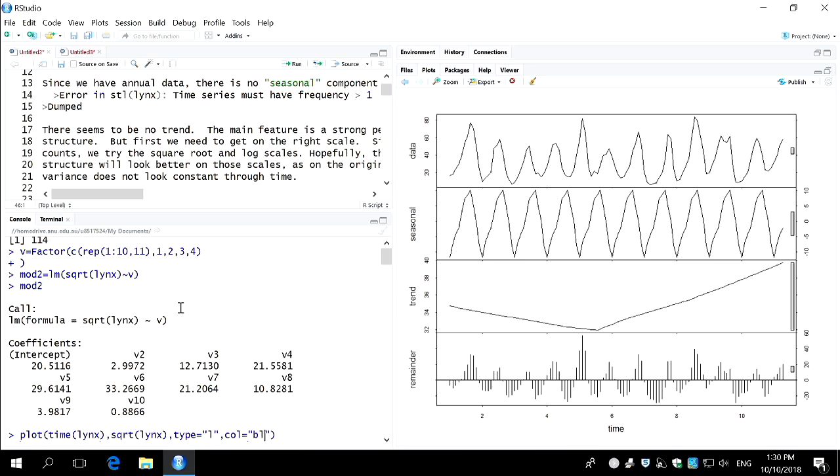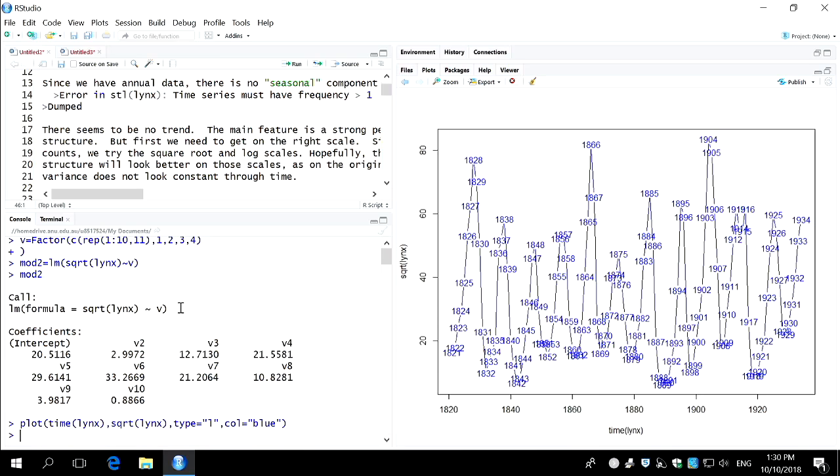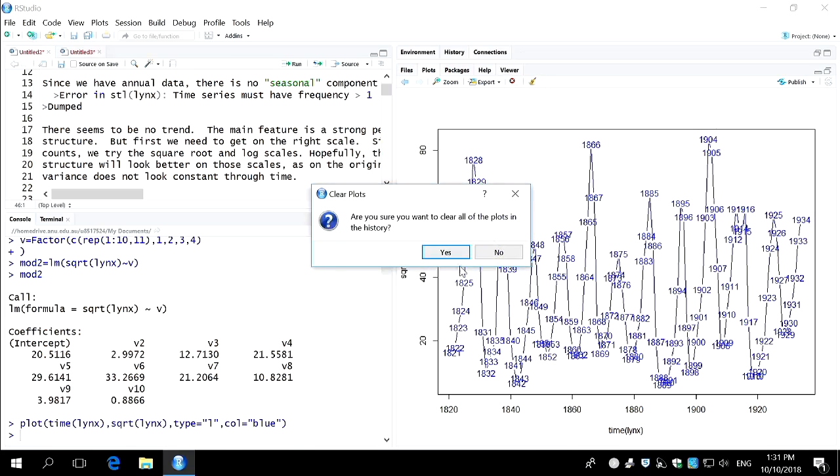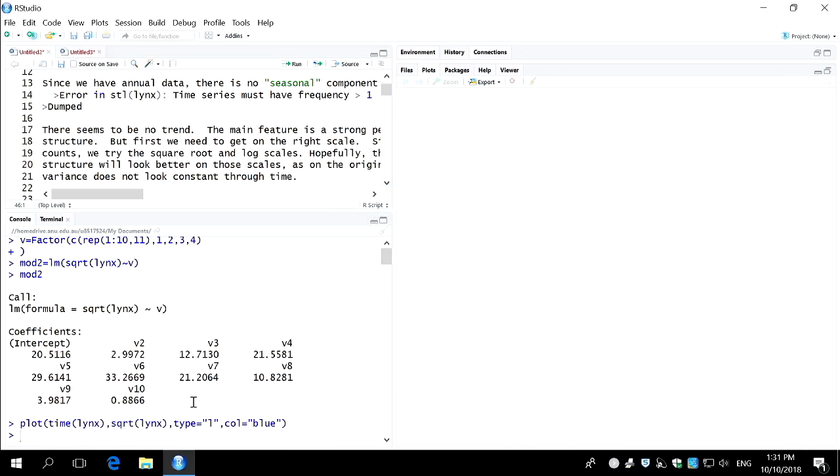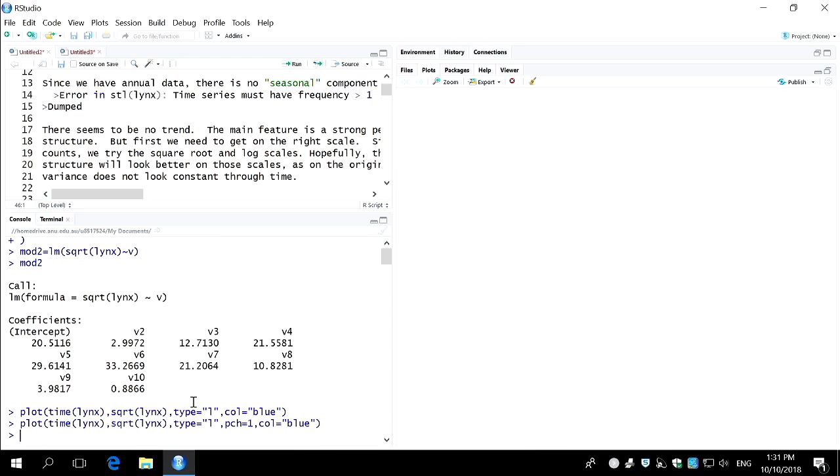Colour equals blue. Okay. Yuck. I said type equals L, but anyway, it's ignoring me. All right, fine. PCH equals 1.